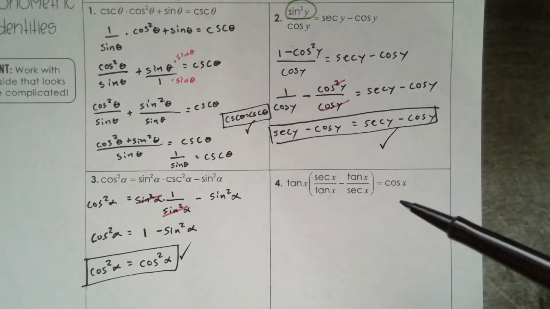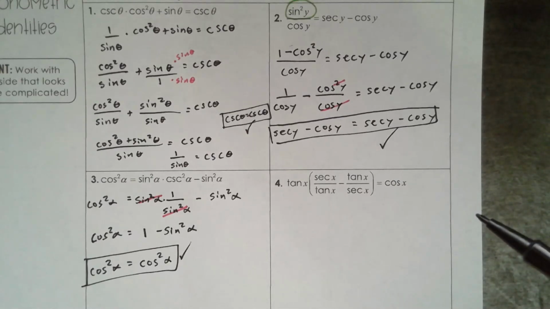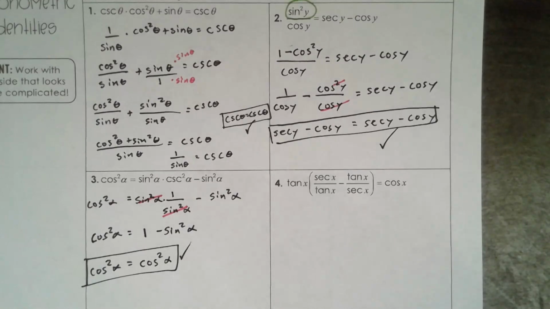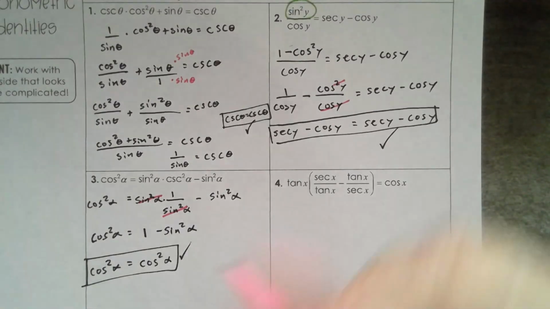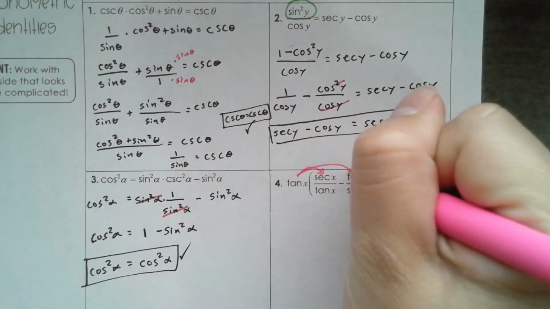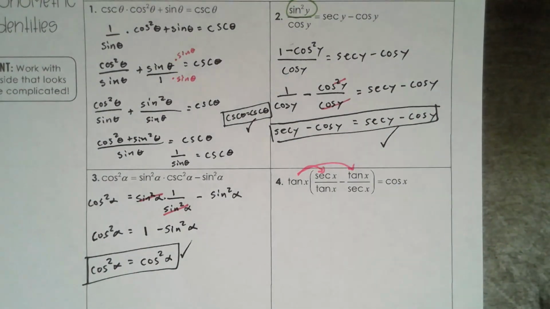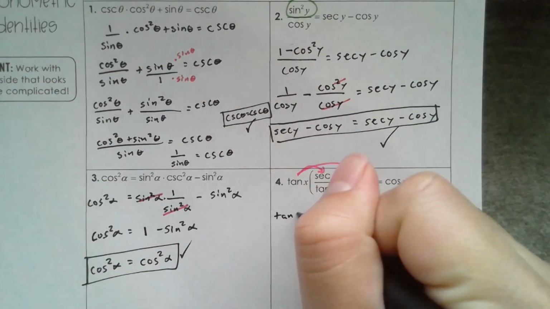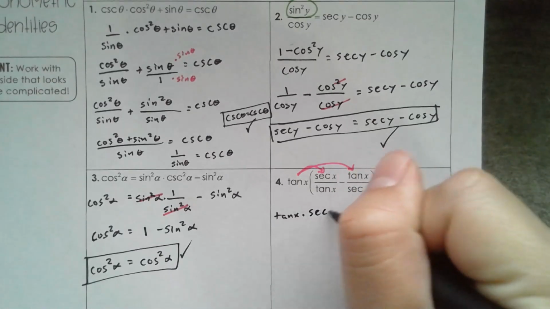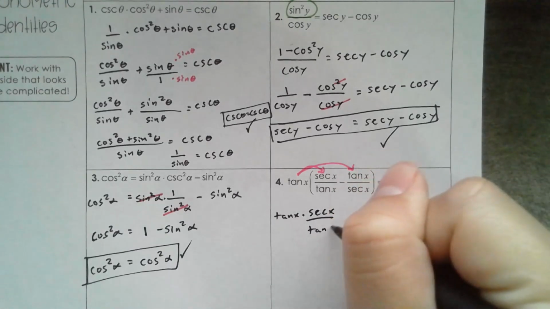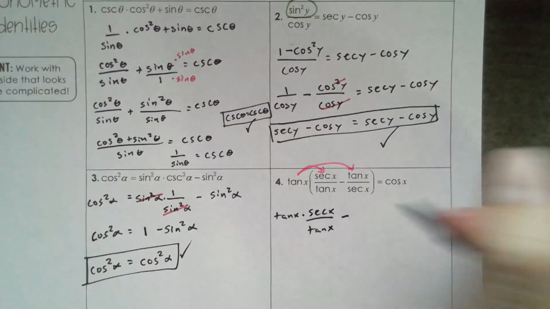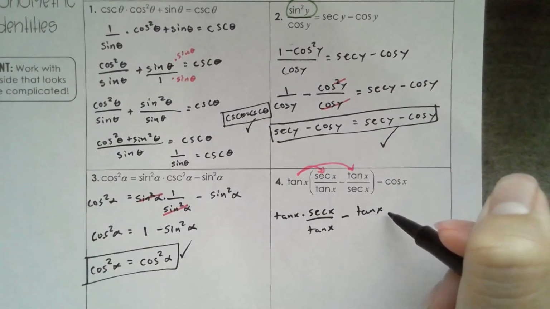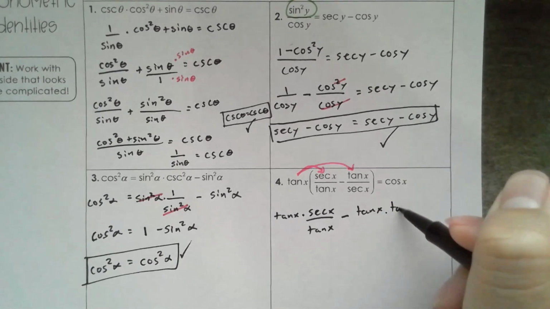I'm going to distribute tangent x in first. So here's what I'm thinking. Let's hope that this is the easy method. I don't know, maybe it is, maybe it isn't. So I'll have tangent x times secant x over tangent x minus, this distributes to both, so then tangent x times tangent x over secant x.